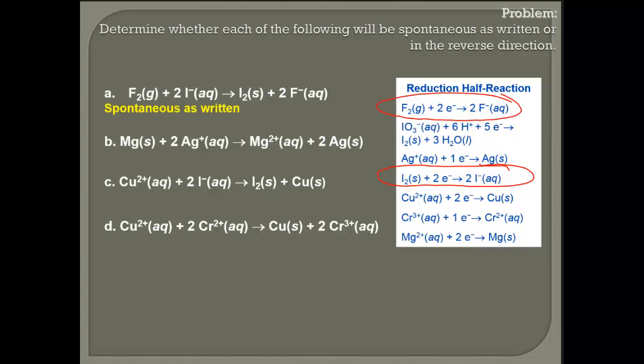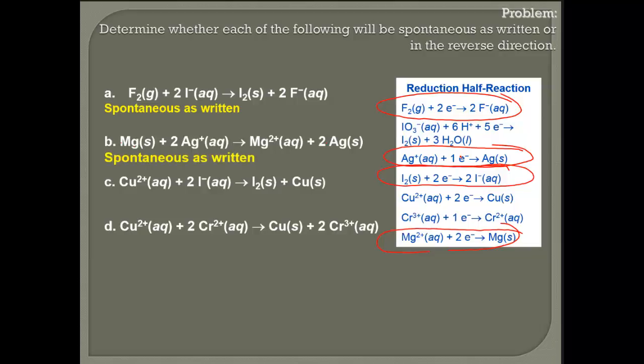Magnesium is here and silver is here. Look at the one that's being reduced. Magnesium is losing electrons. Silver is gaining electrons. So therefore, the one that's gaining electrons has to be higher in the chart. Silver is higher than magnesium. So that's spontaneous.